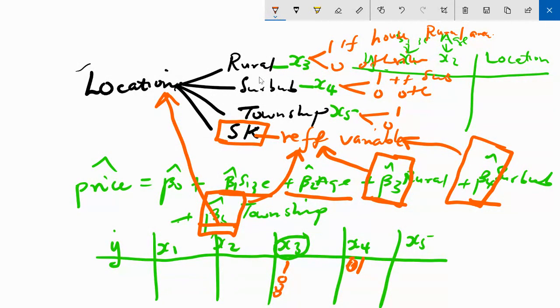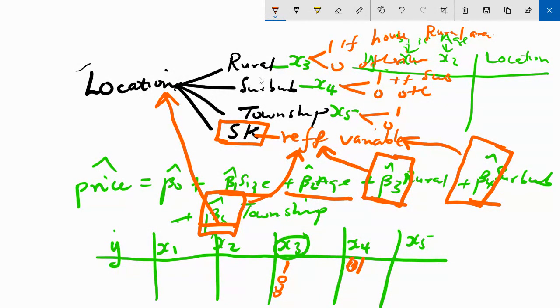Sir, yes, leadership. When you say we must reference the reference variable, how do you reference it? That's what I'm saying. When we do an example, it will be easier. It's like saying, let's say you want to interpret the beta for X3. Home, okay, leadership, home.